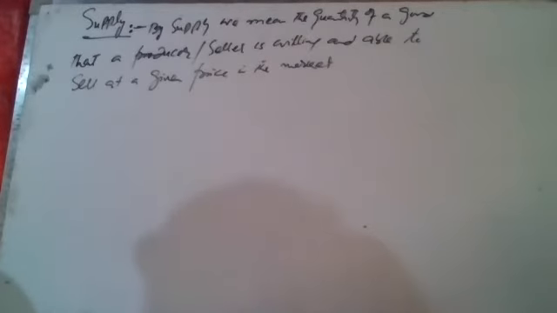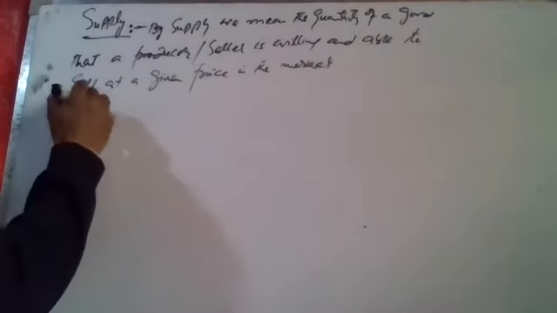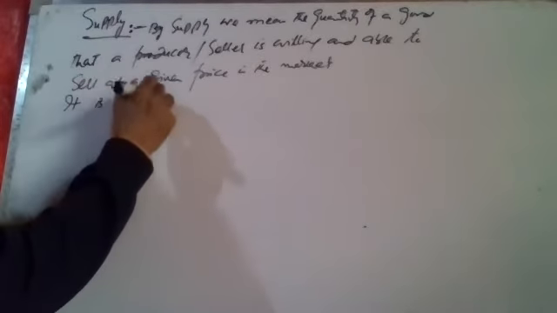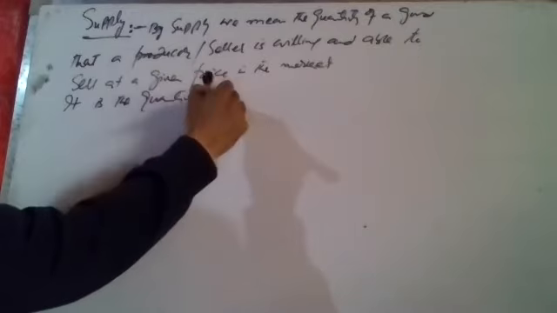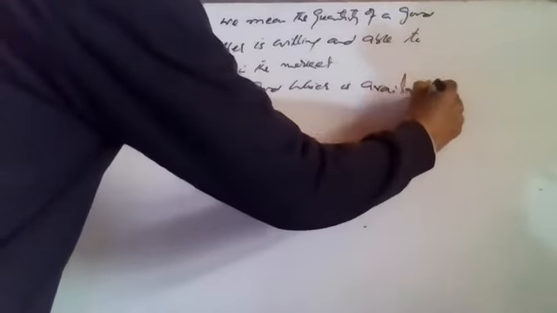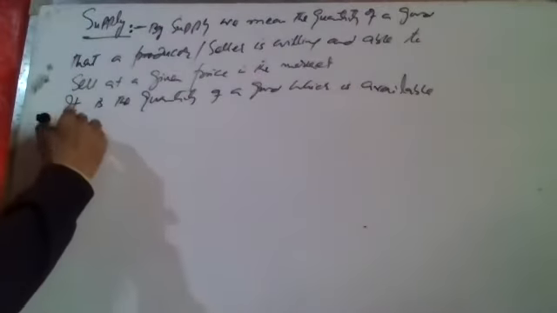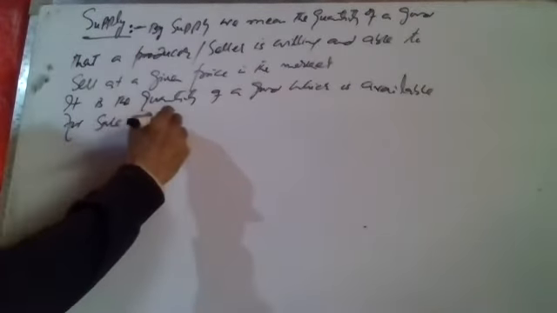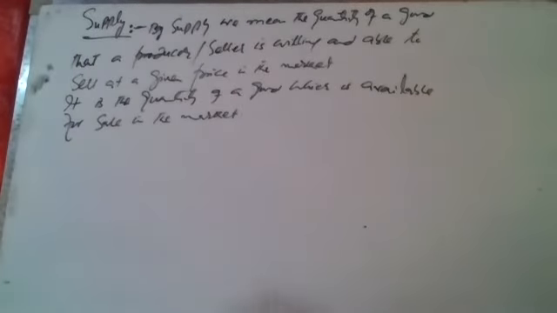So it is the quantity which is available for sale in the market. So it is the quantity of a good which is available for sale in the market. और that quantity, जो quantity लोगों के लिए तैयार है, जो लोग खरीद सकते हैं, which is available for sale in the market.